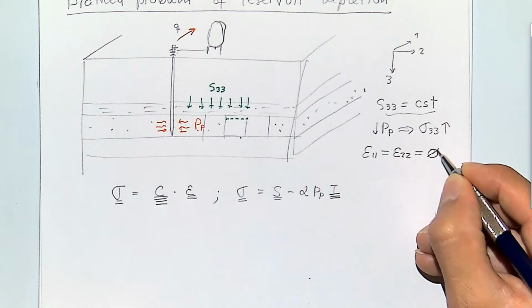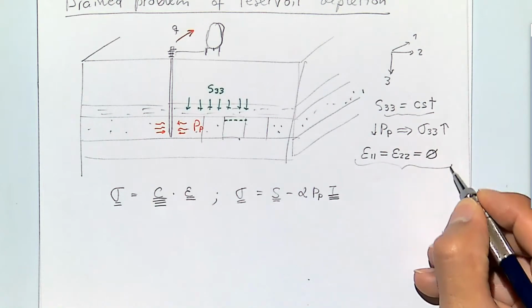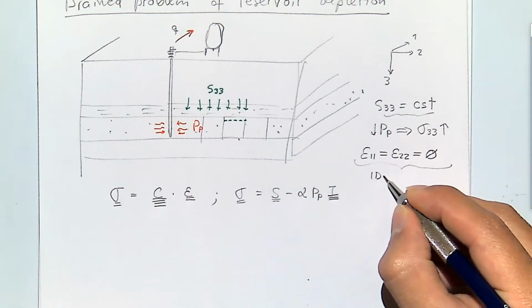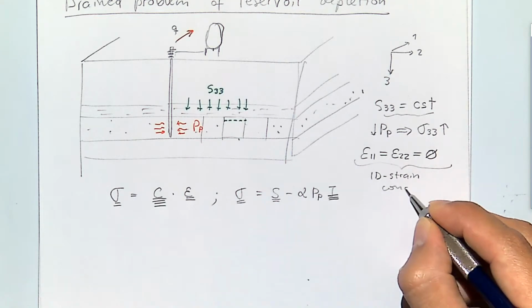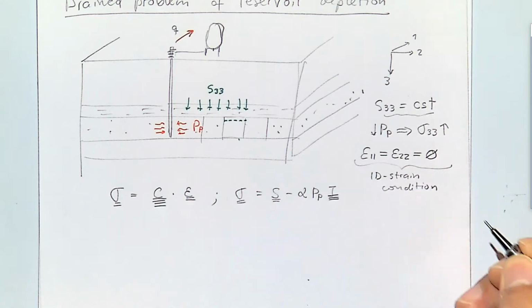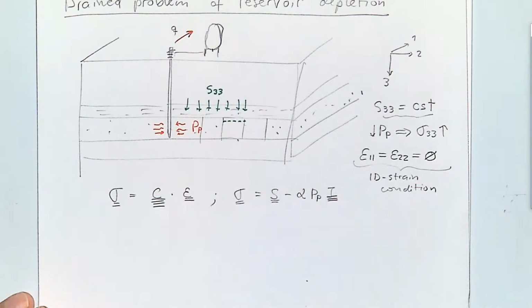These two will be equal to 0, and then this is what we called before the one-dimensional strain condition. We're going to see that there is going to be some sort of Poisson effect, but it's not going to be a strain. All right?